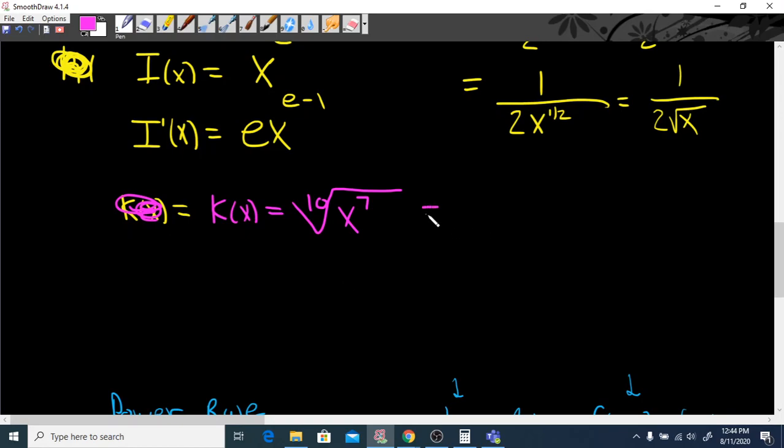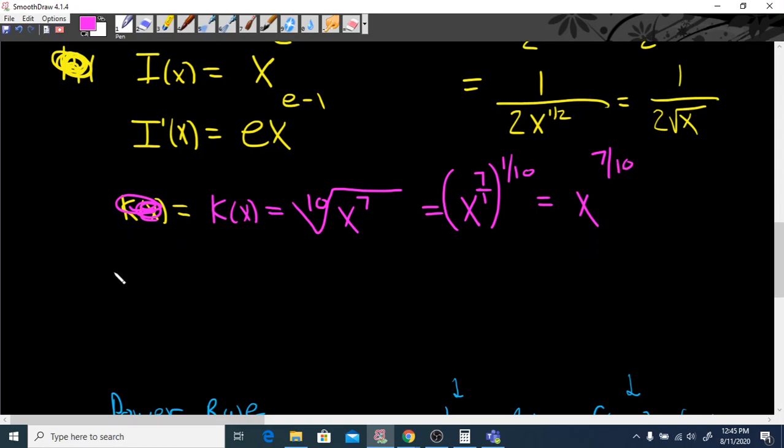Well, first thing, the 10th root is like the 1/10 power, and here we have a power to a power, so we can just multiply the powers. 7 over 1 times 1 over 10, that's like x to the, and then 7 times 1 is 7, 1 times 10 is 10, x to the 7/10.